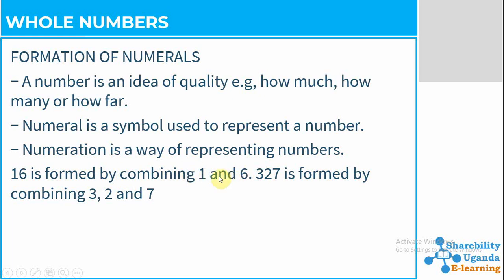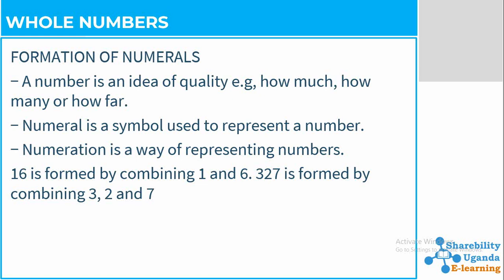Hope that is clear. For us to call 16 a number, when you are able to combine our 1 and a 6, then it can be represented as 16. That is one way we are going to use as far as forming numerals.